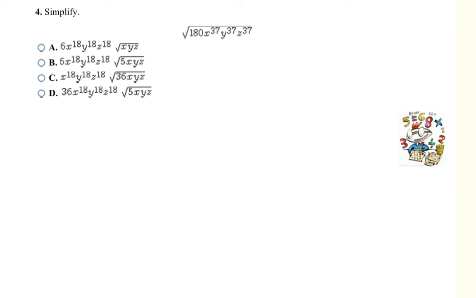But I'm still going to find the prime factorization of 180. So I see that ends in a 0, so that means I can multiply something times 10 to get to 180. So 18 times 10 gets me to 180. 18, I know, is 2 times 9. And then 2 is prime, so I can't break that down anymore, but 9 is 3 times 3.